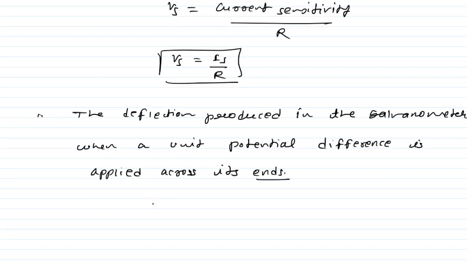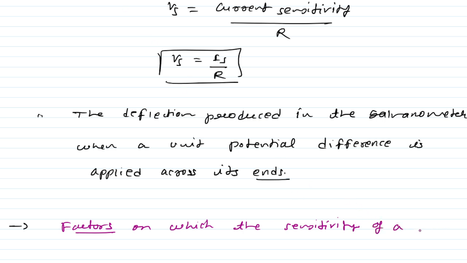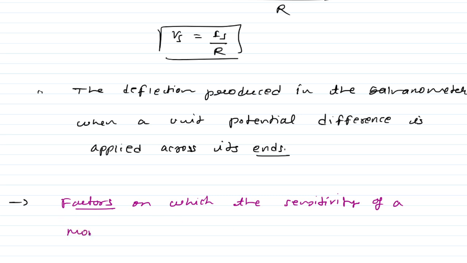Now we are going to discuss the factors on which the sensitivity of a moving coil galvanometer depends.